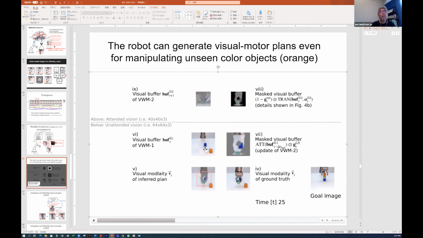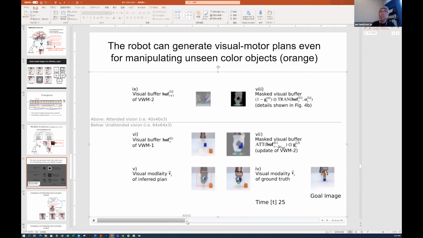This is the first visual working memory. This is the second visual working memory. Now the robot is approaching. This is a visual imagery, the planning, and it tries to pick up the green one. In the visual working memory here, the green is gone. Then it appears in the second visual working memory, and it's going to manipulate this one.